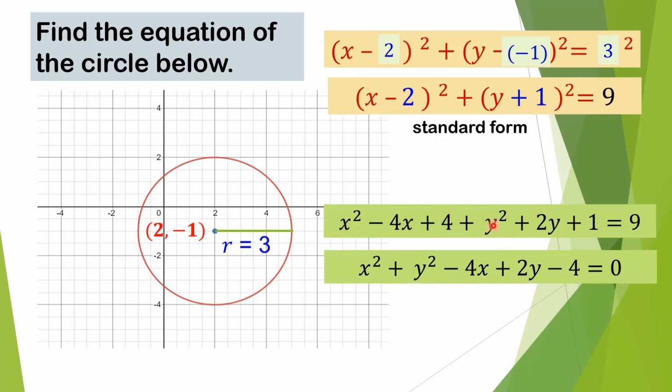So let's move the 9 to the left. So x squared plus y squared, then we have minus 4x plus 2y. Combining the constants, we have 4 plus 1, which is 5, minus 9. 5 minus 9 is -4, making the right side equal to 0. That's our general form. Okay? So general form is normally associated with having 0 on the right side.